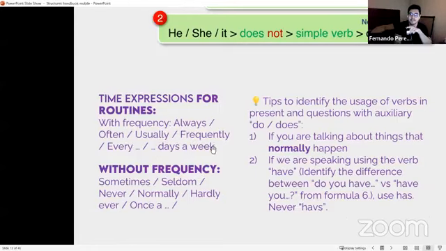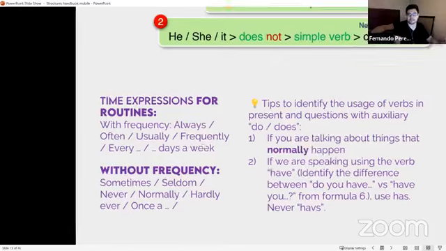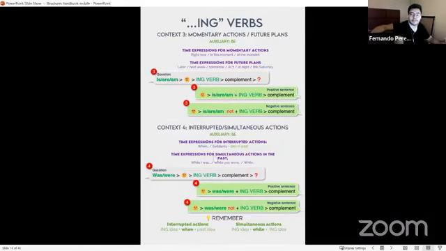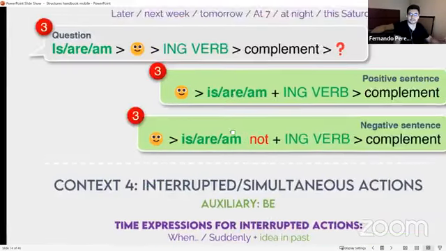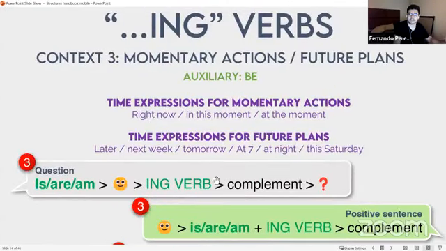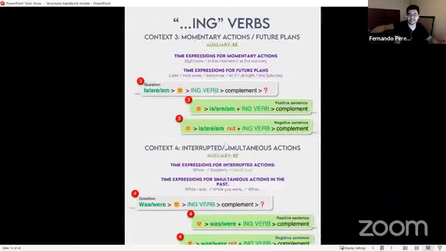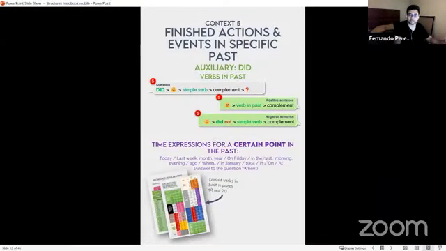Always, often, usually, frequently. Suddenly, while you were, right now, in this moment, at the moment, etc. That's the reason this section comes in purple.